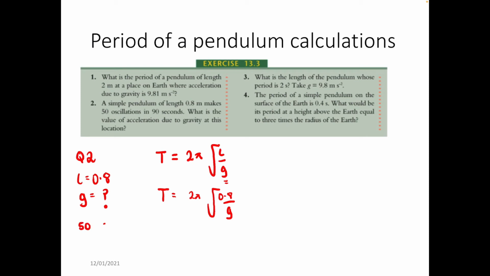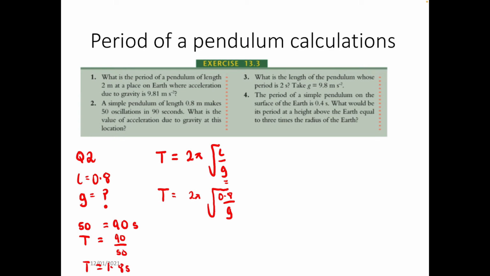We're told in the question that 50 oscillations is equal to 90 seconds. That means that the time for one oscillation is 90 seconds divided by 50. Our period is equal to 1.8 seconds.